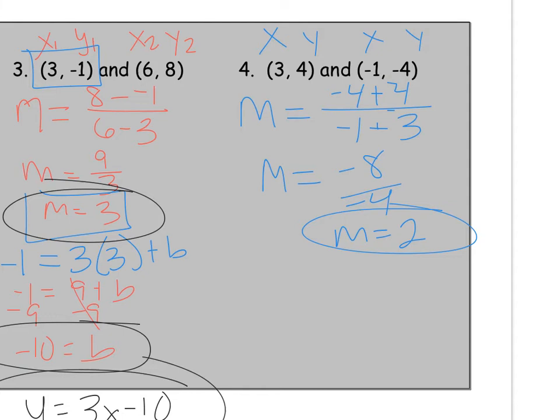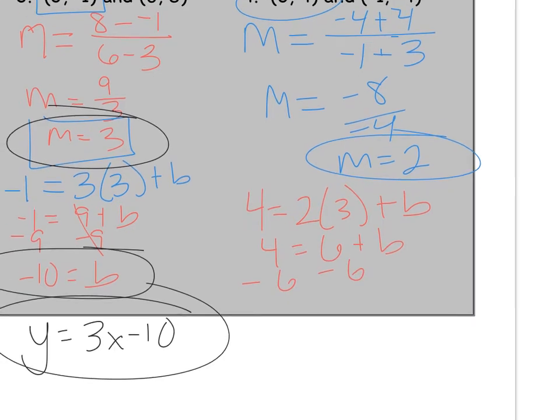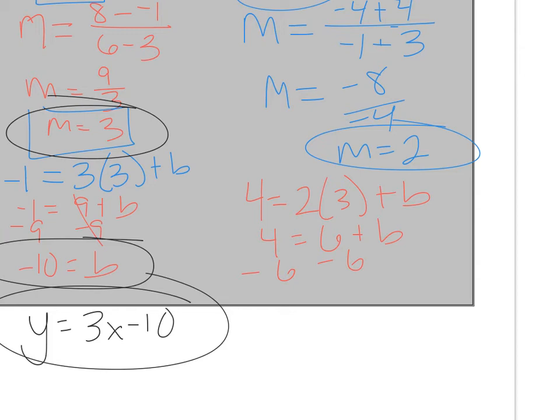With my slope and my coordinate, I do 4 equals 2 times 3 plus b. Again, just plugging in x, y, and m and solving for b. 4 equals 6 plus b. We had one just like this, subtracting. And I get b equals -2. y equals 2x minus 2.